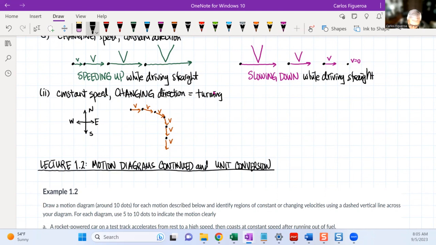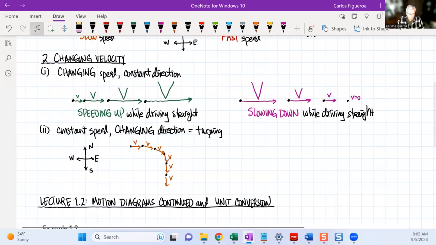Initially I am driving east, but now I start to make a right-hand turn, so I have to change the direction of the steering wheel. You could see that the arrows are starting to change direction. I'm driving east, and then my arrows finally at the end point south. So I have changed directions.